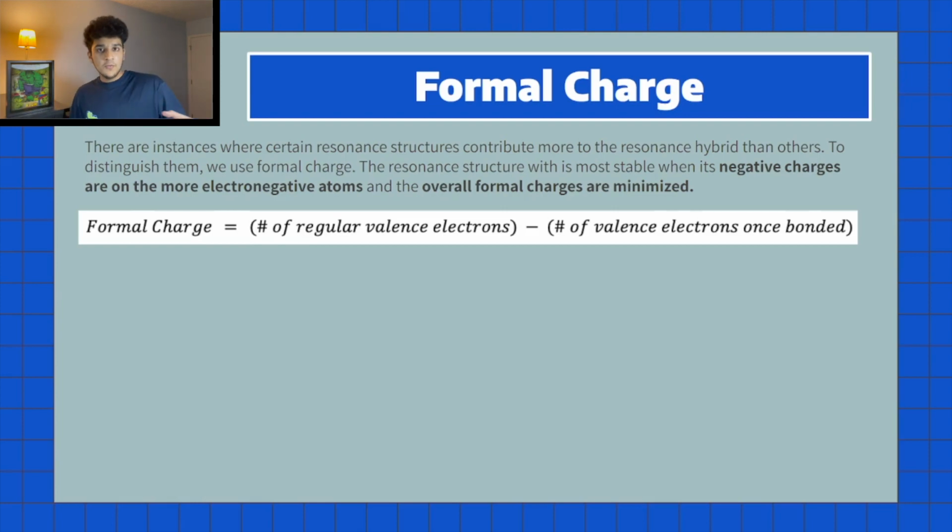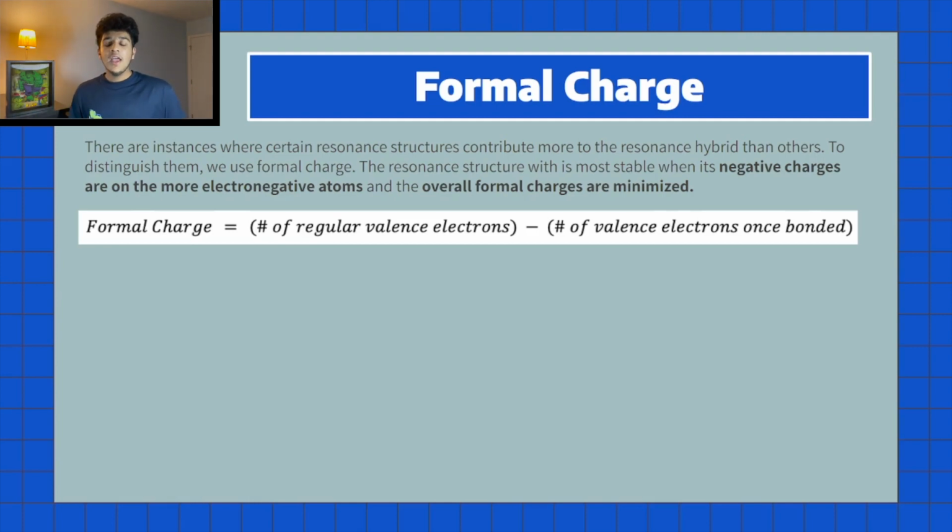But once you get done with it and you have a formal charge for all the atoms on every resonance structure, what you want to look for is which resonance structure has the least charge overall. And that one is going to contribute the most to the resonance hybrid. As I said before, it's not the best way to look at it, but it's technically the most correct, or the closest to being correct.